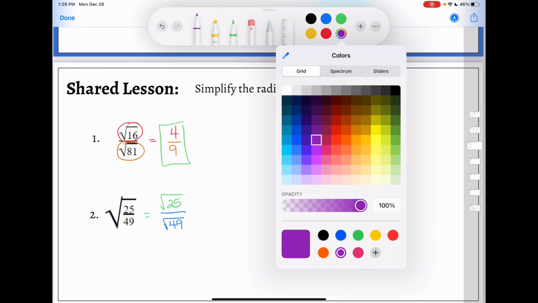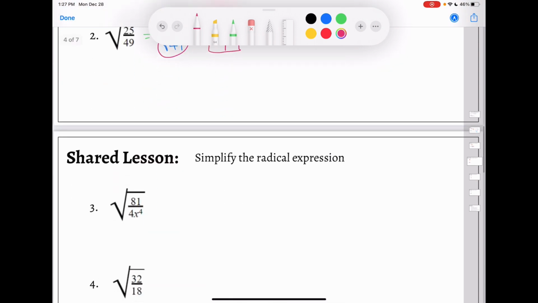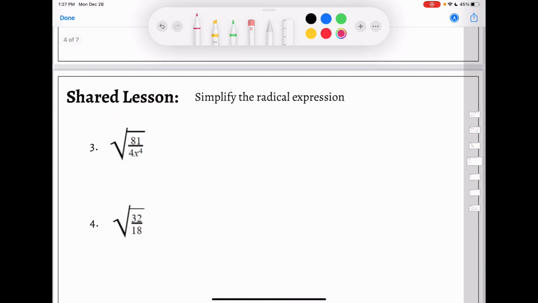And then you'd look at this and say, oh, well, square root of 25, that's 5. And the square root of 49, that's 7. And since I can't reduce that fraction, 5 over 7, there's my answer, right? So you can either see dividing radicals showing up as two separate radicals, one on top and one on bottom, or you can see it as a giant radical with a fraction inside that's still dividing radicals, and it means the same thing.